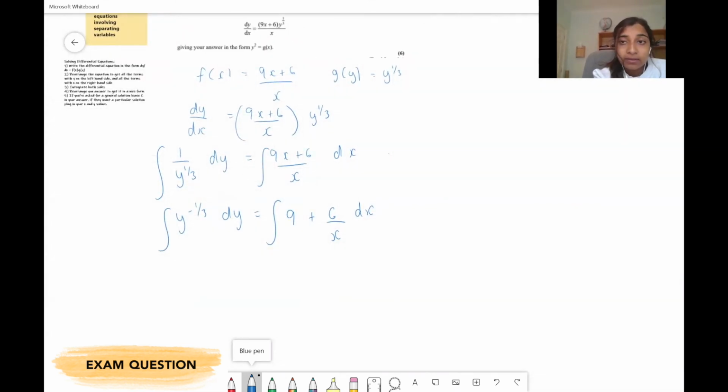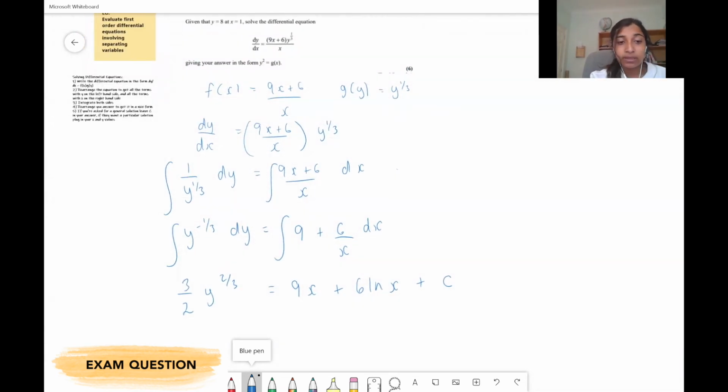We want to add 1 to this, so minus a third plus 1 is 2 over 3. Then we do 1 divided by 2 over 3, so we get 3 over 2 y to the power of 2 over 3. That's equal to the integral of 9, which is 9x, plus the integral of 6 over x, that's 6 ln x, plus c.